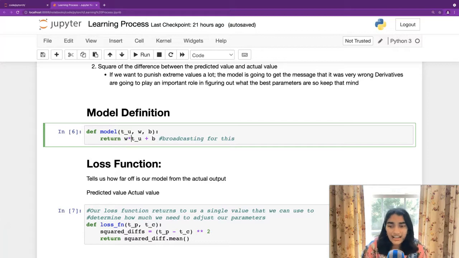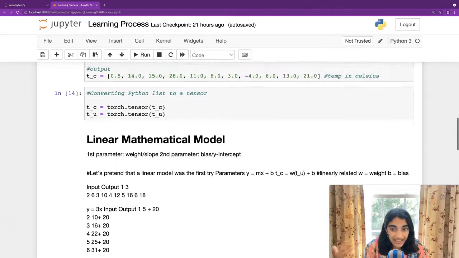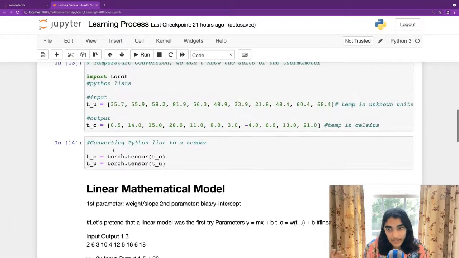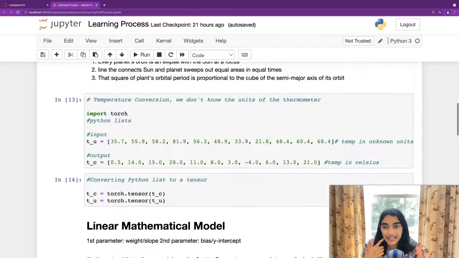which is just the bias. And if this is confusing, that's because I'm talking about an example that we began in the past couple of videos, and that was a temperature conversion. For more context and more information about this whole temperature conversion example, I would recommend going through our past few videos, because that will clear things up a bit.